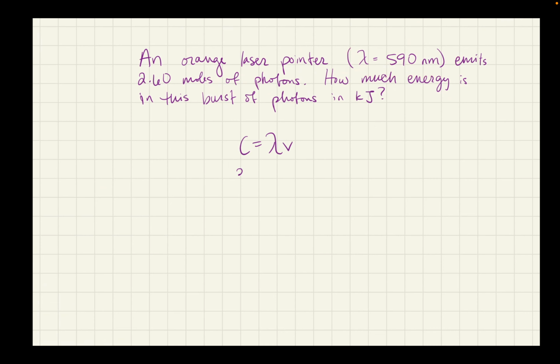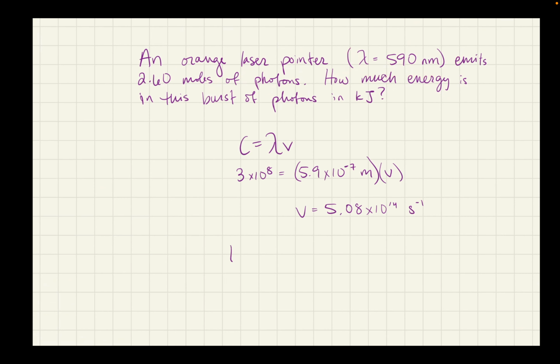So 3 times 10 to the 8th equals 5.9 times 10 to the negative 7th meters times v. Solve for v, or that's frequency. I have this in my calculator. I believe that is 5.08 times 10 to the 14th seconds to the negative 1, also called hertz.